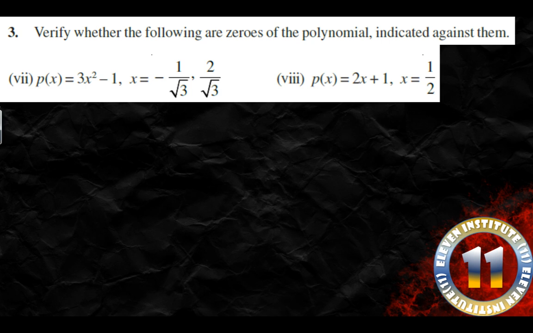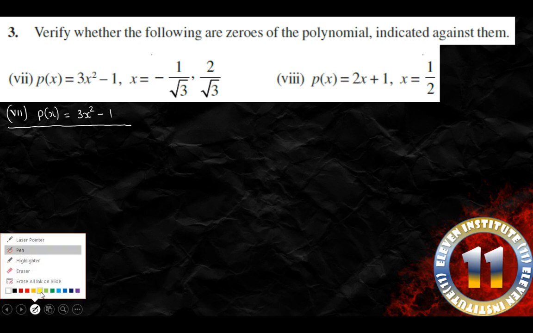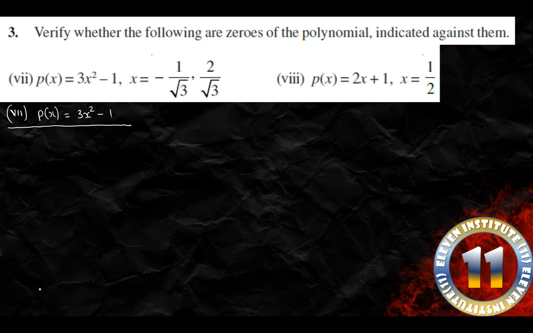Right, so let us start with number 7. So first of all, we will write the polynomial as it is. Polynomial with variable x is equal to 3x square minus 1. Now again you can see over here we have been given two values of x. So we will check both of them. Let us check the first value of x, which is minus 1 upon root 3.